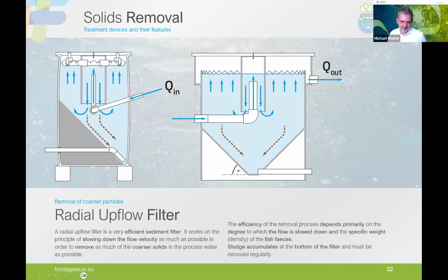And then we have a larger pipe here that leads the water down, and then a really large extension of the cross-sectional area when the water gets up again. And this helps us to settle out as many solids as possible that will collect here at the bottom and can be sucked out of the device on a daily or bi-daily basis to get out of the system completely.